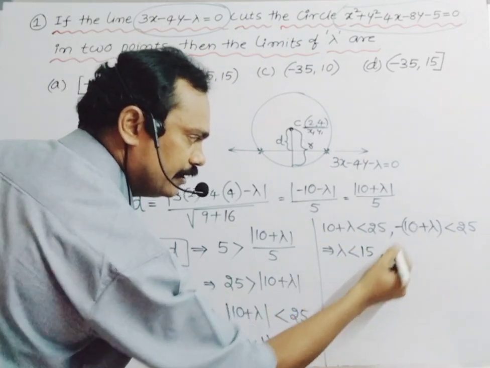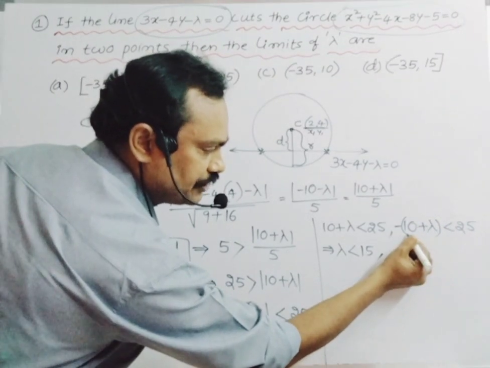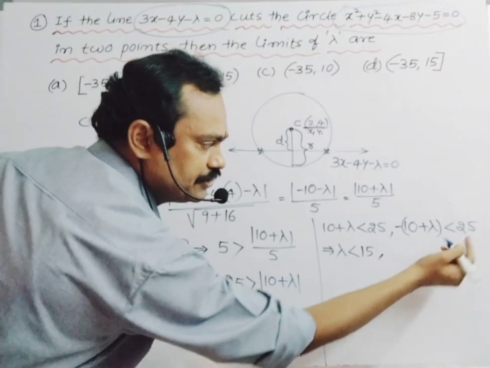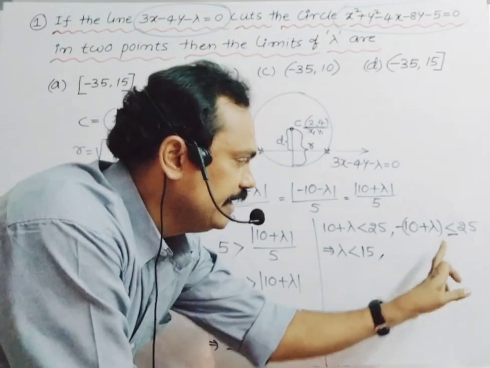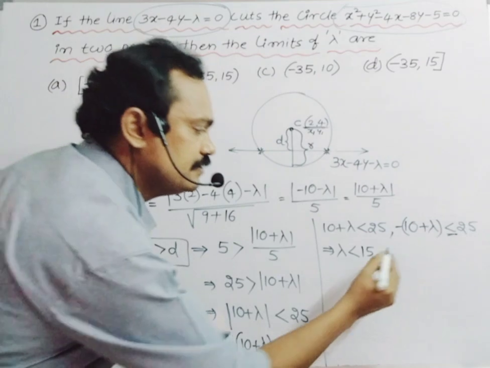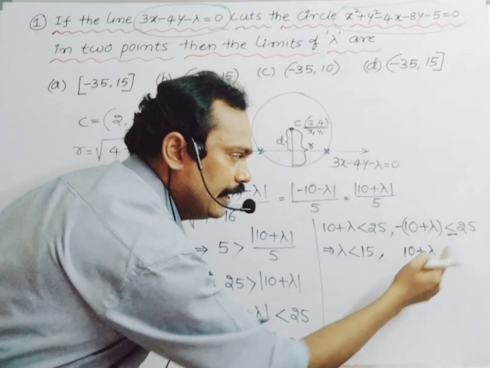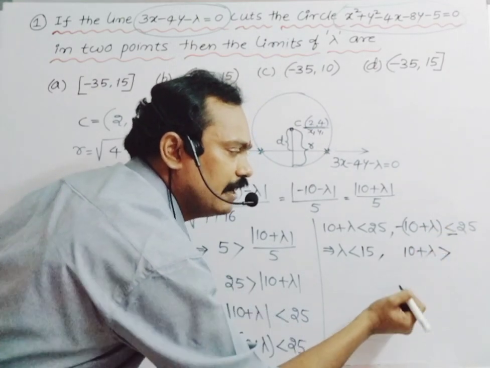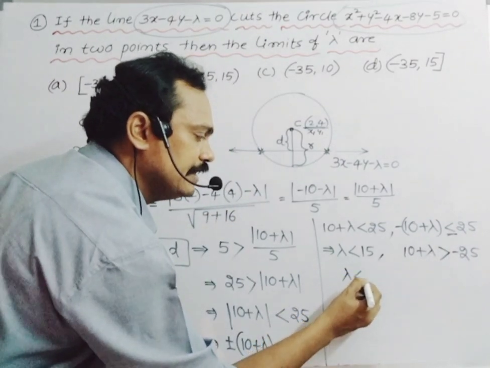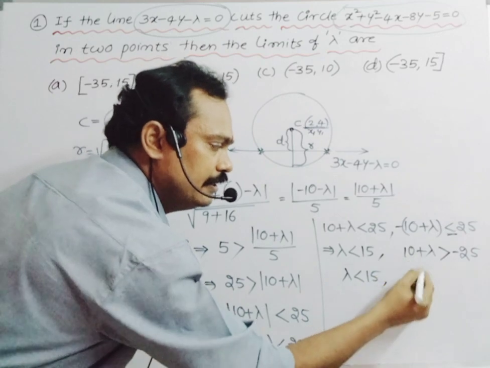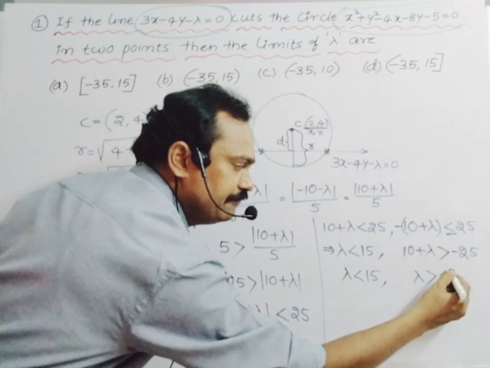And for the other, multiplying both sides by minus, the inequality is reversed: 10 plus lambda is greater than minus 25. Lambda is less than 15, and here lambda is greater than minus 25 minus 10, that is minus 35.